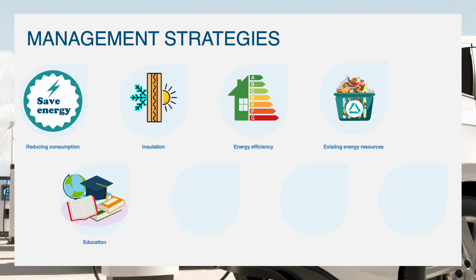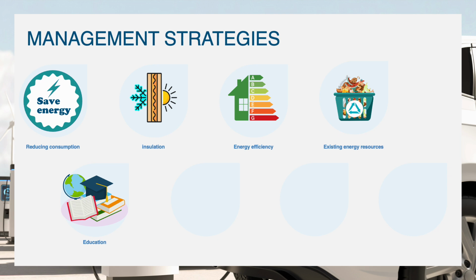Education helps people to understand why energy needs to be used carefully and how they can reduce waste. Schools, media campaigns, government adverts, and community programs can teach people to switch off appliances, use energy efficient products, use public transport, and reduce unnecessary energy use.